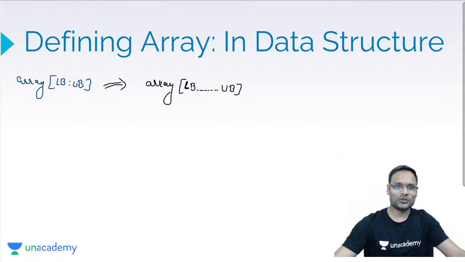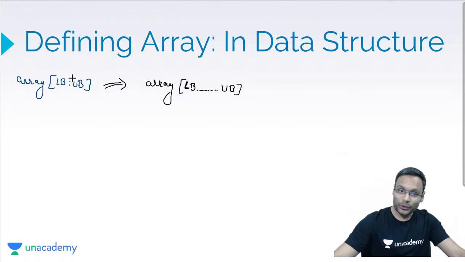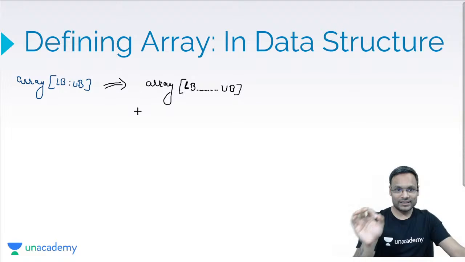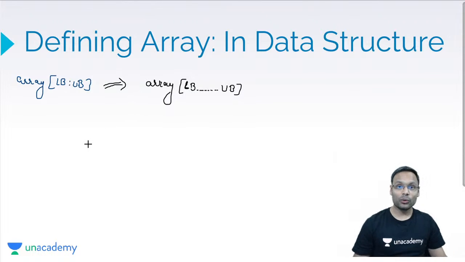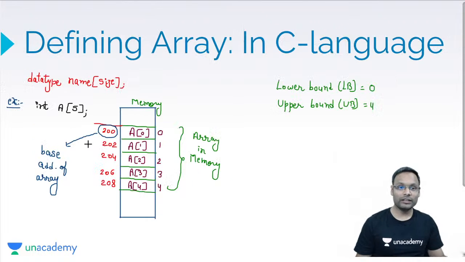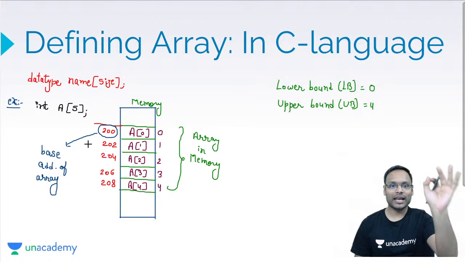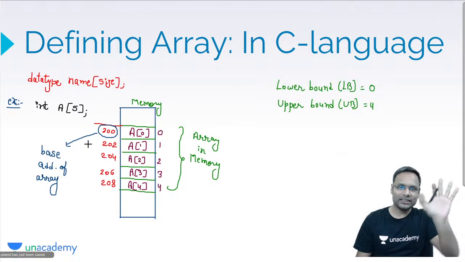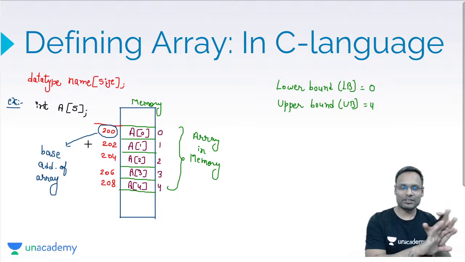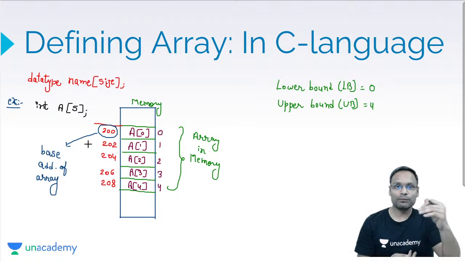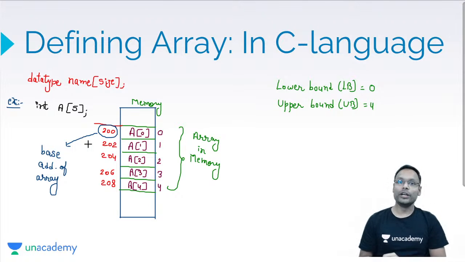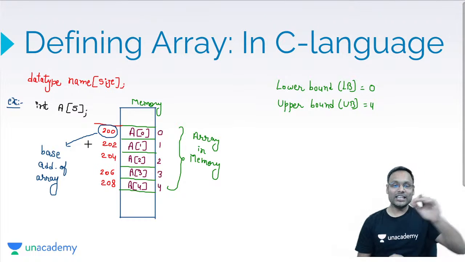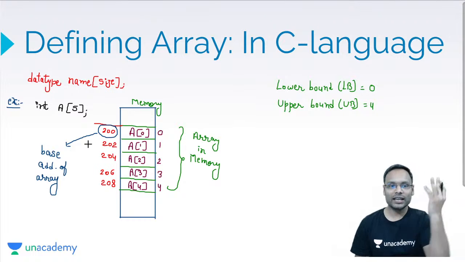Remember? Okay. So you can define an array like this in data structure. Now here, usually we know that each integer can be stored in 2 bytes in basic C language, in most of the compilers. Each float is stored in 4 bytes. Each character is stored in a single byte.